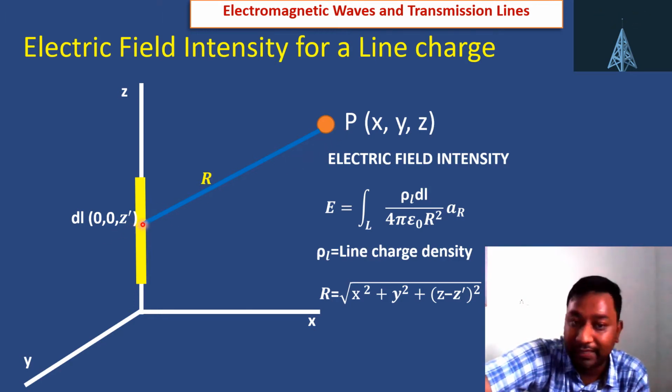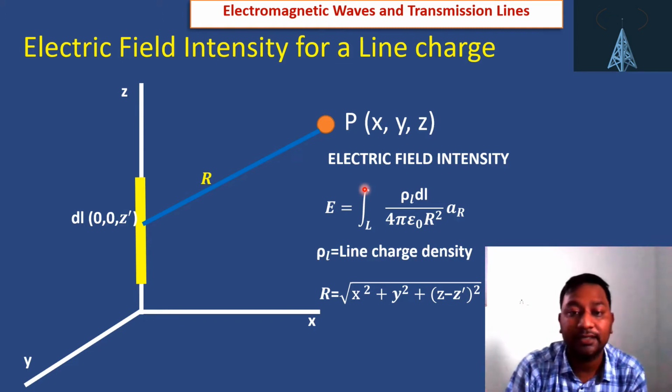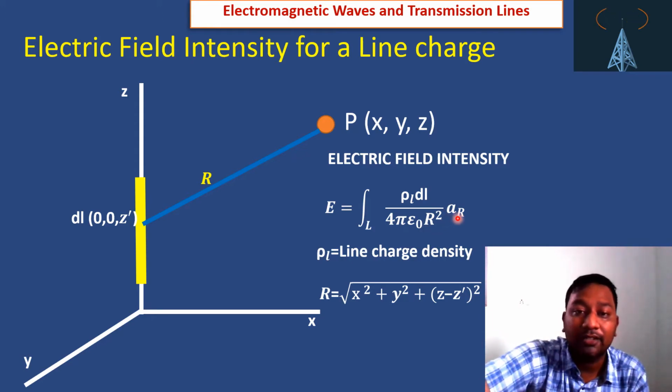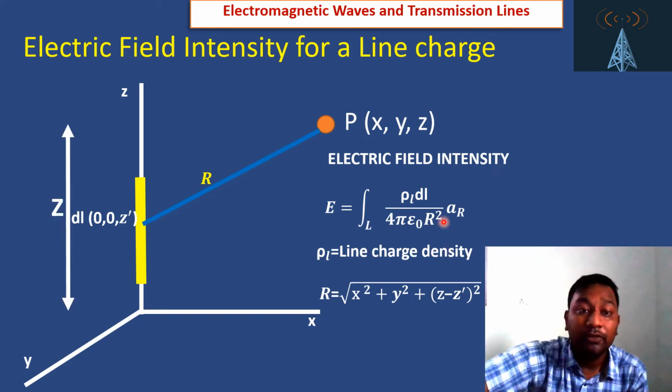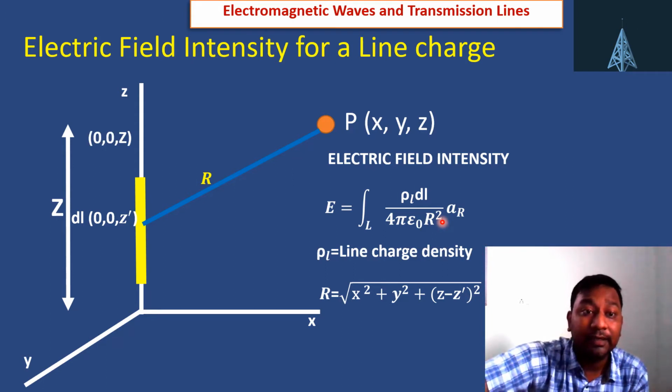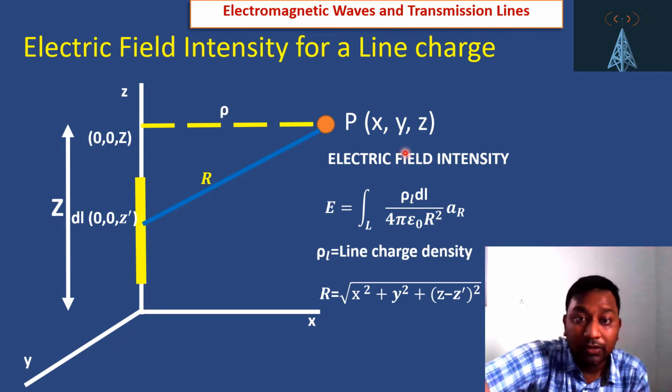Okay, so we are considering this small dl. If we find the integration from this point to this point, then we can find the total electric field intensity, that is, rho l dl divided by 4 pi epsilon naught r square. So we are considering a Cartesian coordinate system, we are placing a line, and due to this particular line at point P, what is the electric field intensity? Okay, now we are considering another point, that is this point.